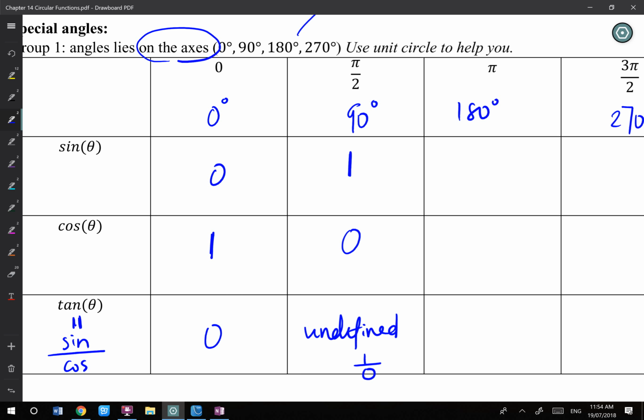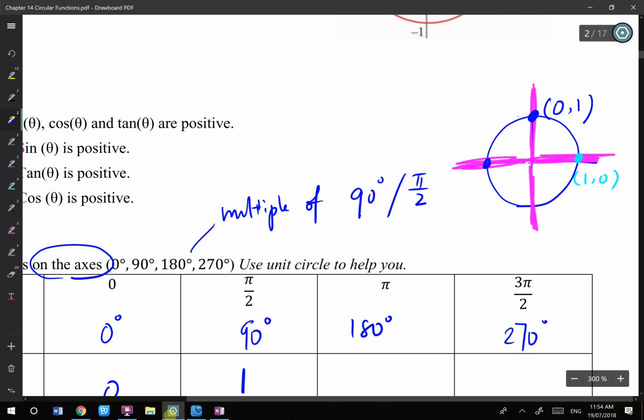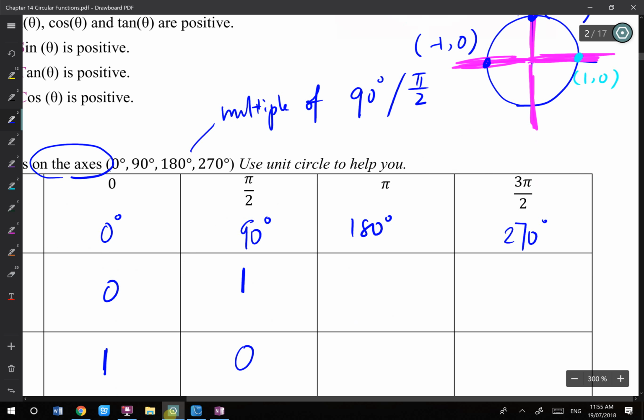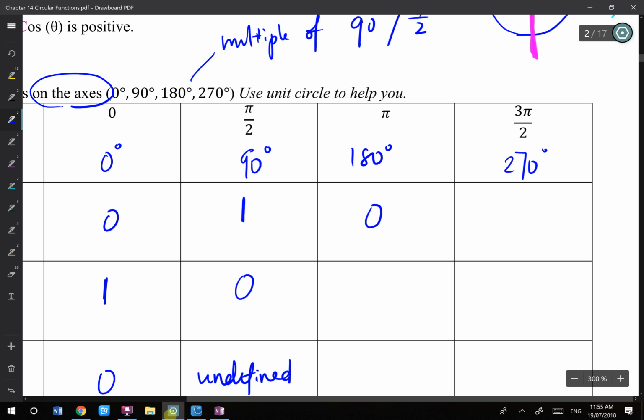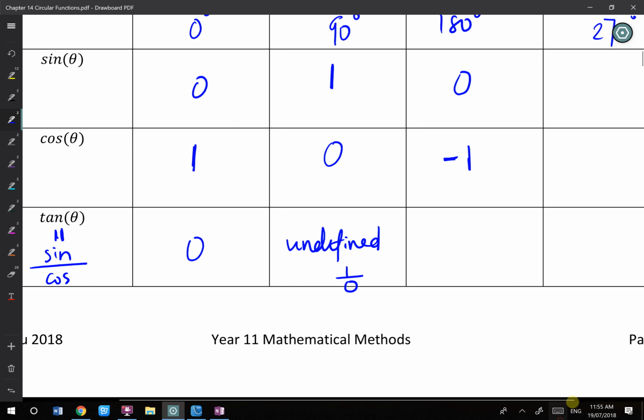Okay, 180. What are the coordinates here? -1, 0. So 0 is the sine value and -1 is the cosine value. What's the tangent? 0.